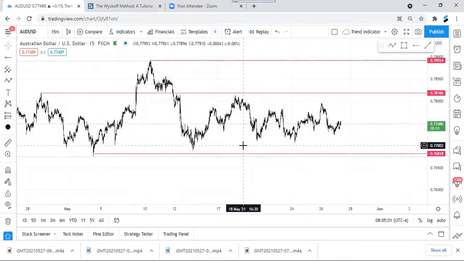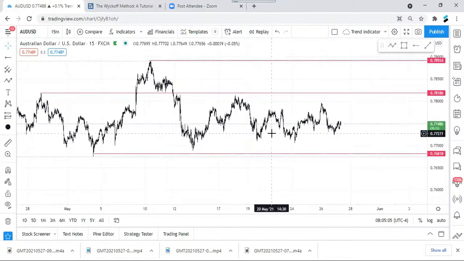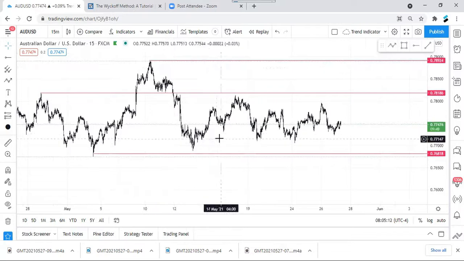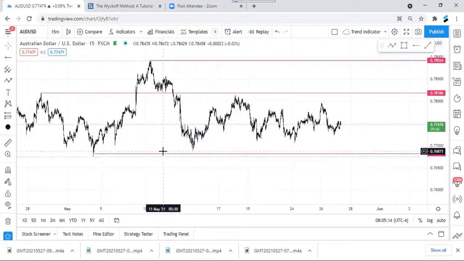Based on the 15 minutes time frame, what is the market doing? What is the bias? Range. What is your bias? Bullish.